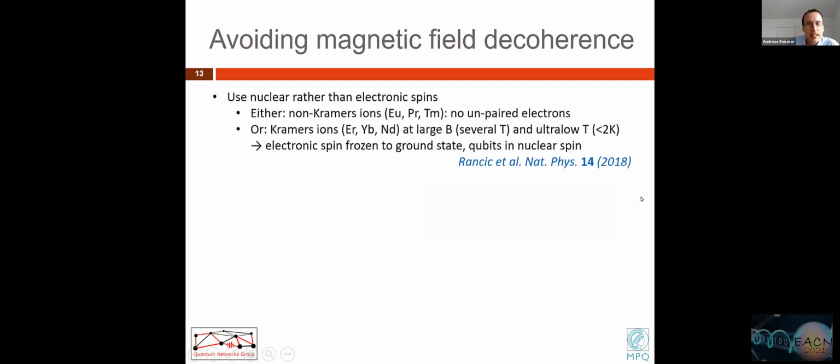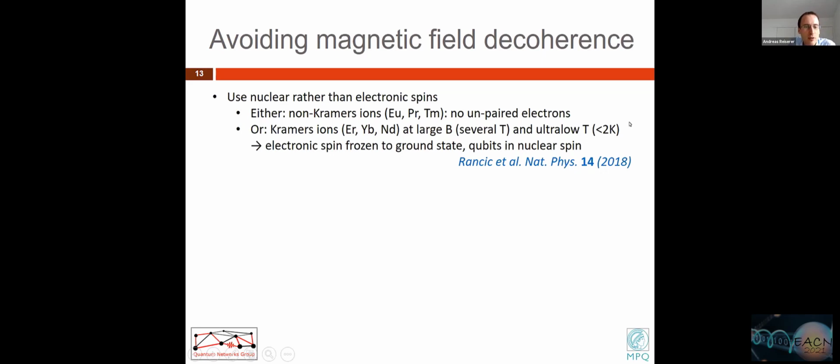Now, taking a closer look at magnetic field decoherence, I already mentioned that you can use nuclear rather than electronic spins, which gives you less sensitivity. One option is to use the non-Kramers ions, which have no unpaired electrons. And there's a recent alternative, which has been pioneered by Matthew Sellars. The idea is to use a Kramers ion, which has a very strong magnetic moment, but then you apply a very large magnetic field at low temperature, so several Tesla and ultra low, say less than 2 Kelvin, temperature.